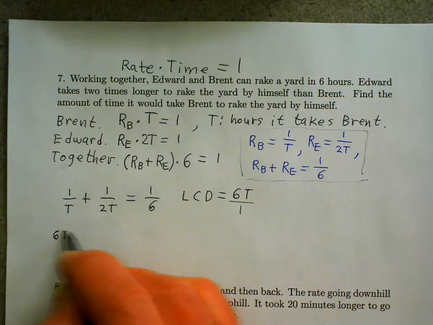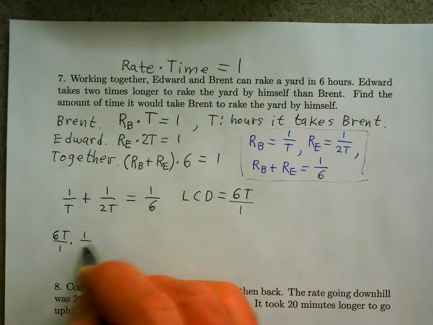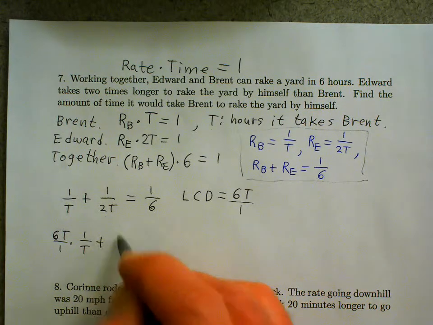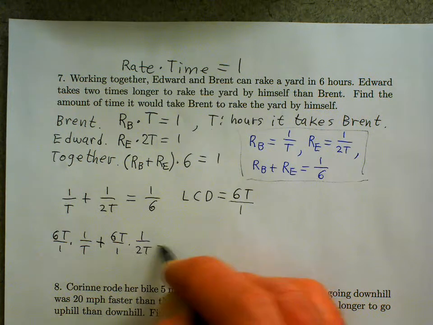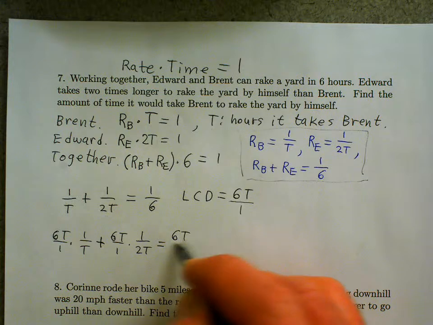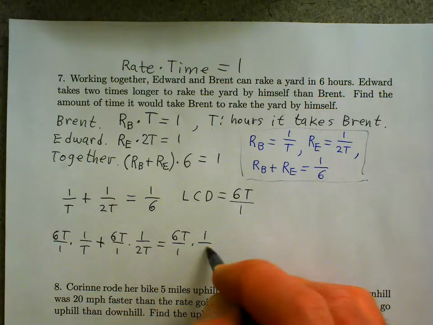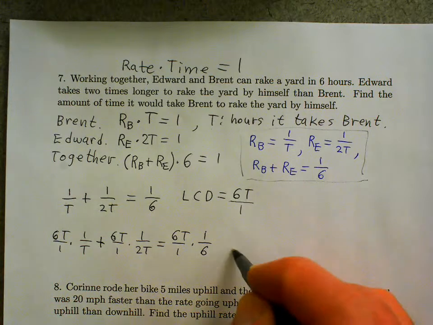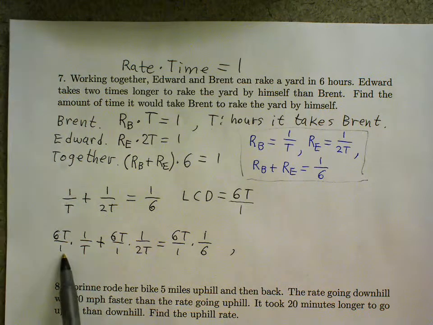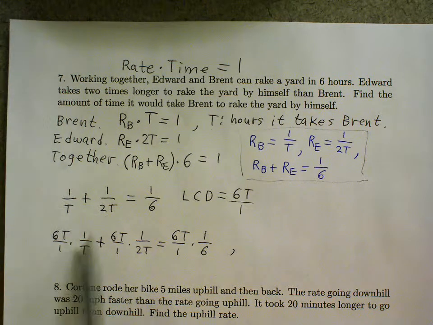So 6t over 1 times 1 over t plus 6t over 1 times 1 over 2t equals 6t over 1 times 1 over 6. Okay, 6t over 1 times 1 over t.